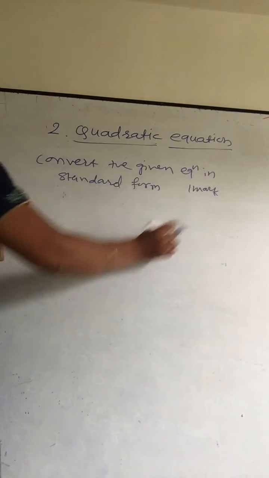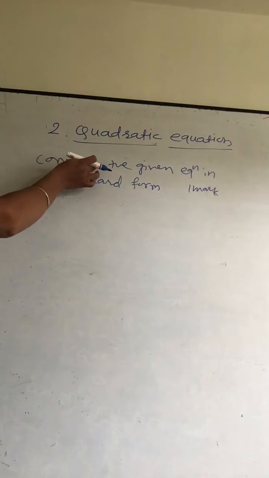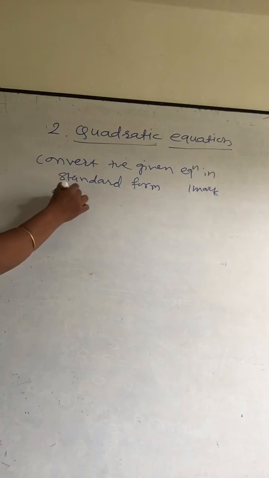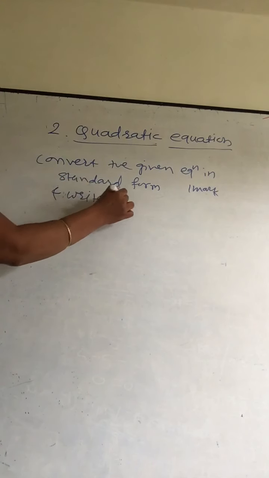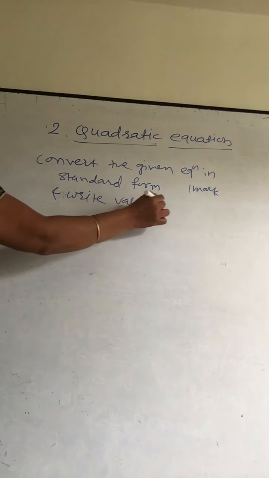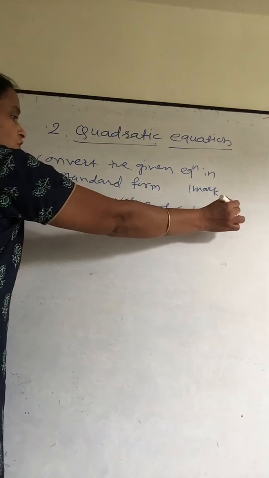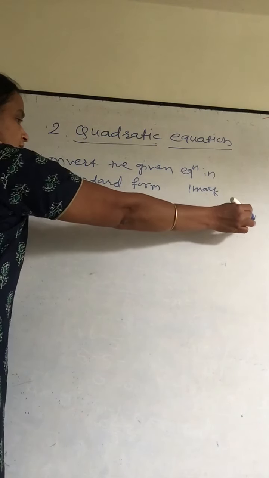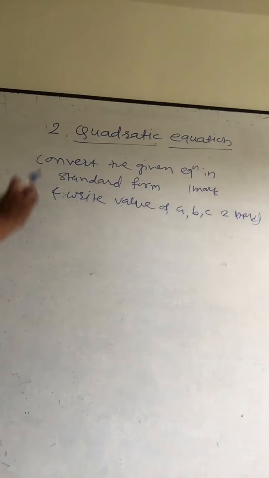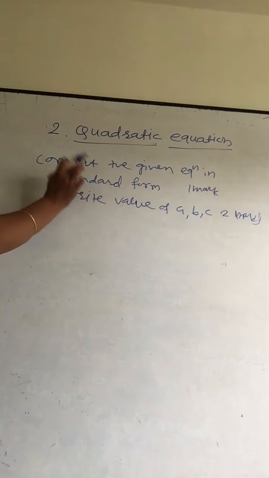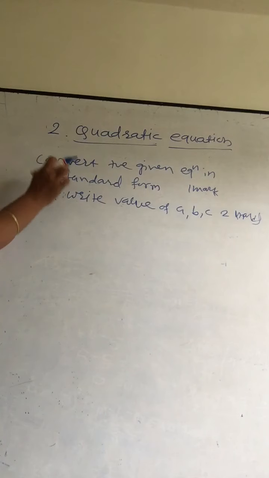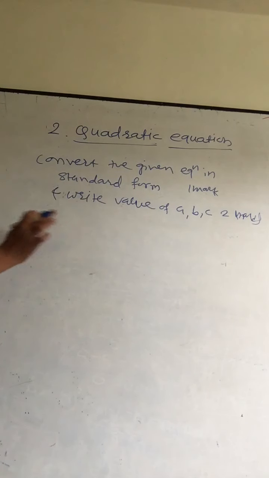And if convert the equation in standard form and write value of a, b, c, then it becomes for 2 marks. Only conversion is 1 mark. Conversion with value of a, b, c is 2 marks.